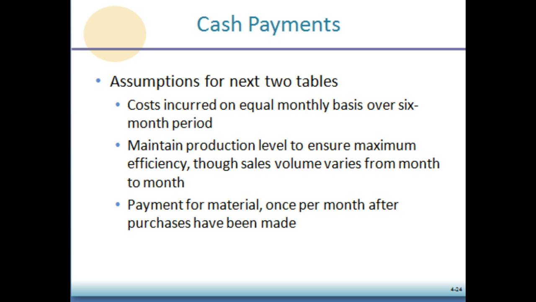Also, there would be assumptions for the next two tables included, and those assumptions would be the costs incurred on an equal monthly basis over a 6-month period, and to maintain production level to ensure maximum efficiency through sales volume, which would vary from month to month, and payment for material once per month after purchases have been made.